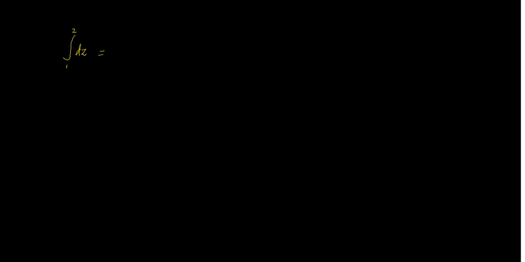Then integrating dz should give you z at the final value minus z at the initial value, z2 minus z1. And what were z2 and z1 for us?